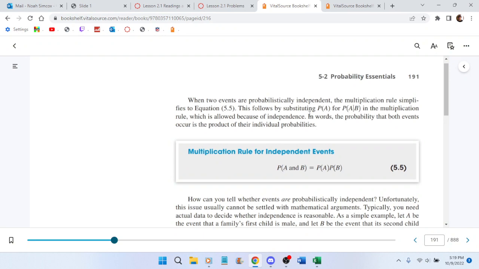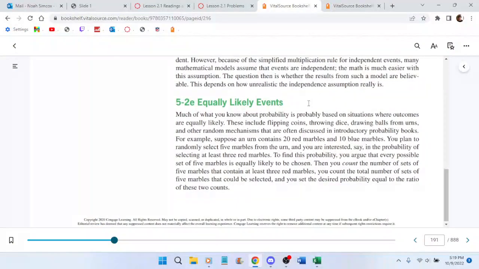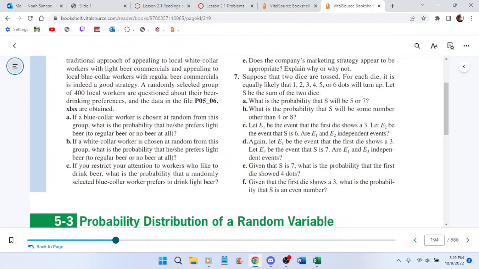It's the probability. No. What they're asking is, if this happens, what is the probability that you select a blue-collar worker?